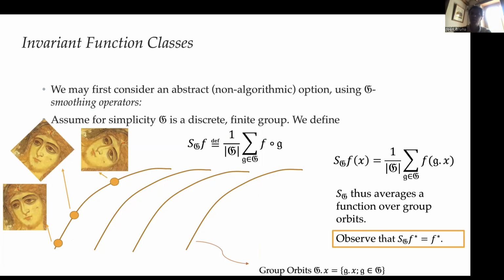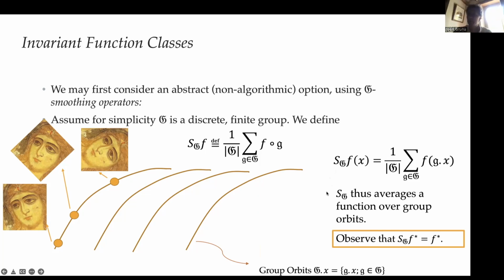And this group smoothing operator has two important properties. The first one is that it's an orthogonal projection. If I apply the smoothing operator twice, I get the same thing, because these orbits, by definition of a group, are the same irrespective of where I start.